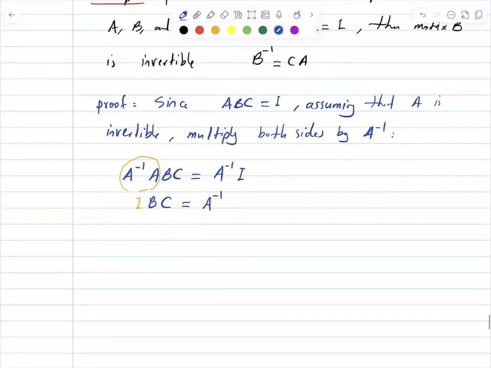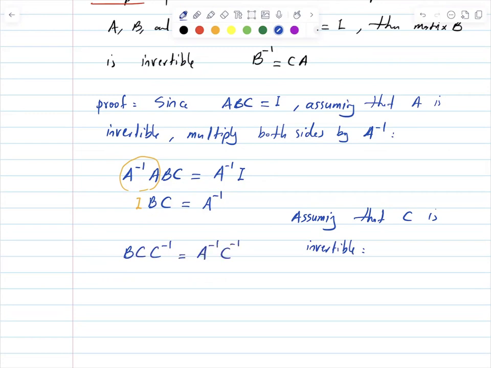Now, assuming that C is also invertible, we're going to do the same thing. We multiply both sides by the inverse of C. So take a look with the same argument.